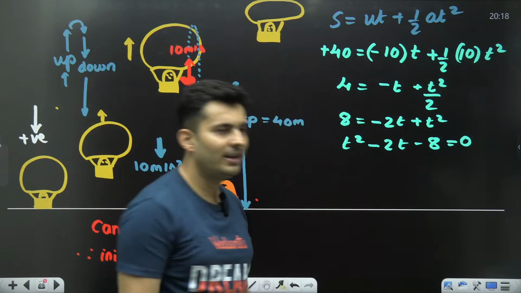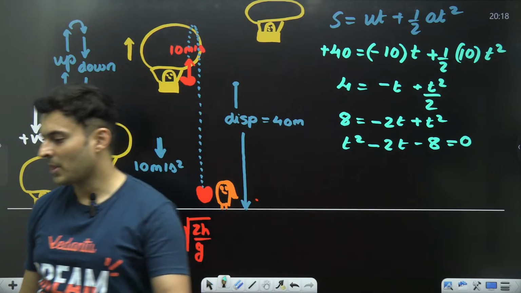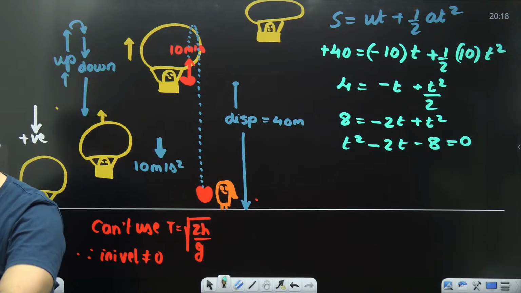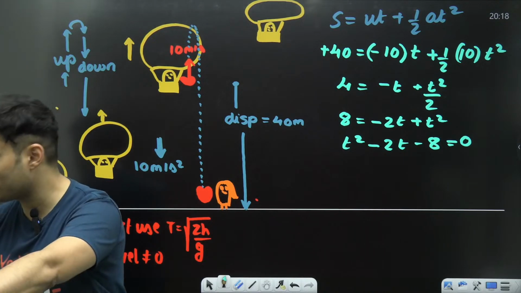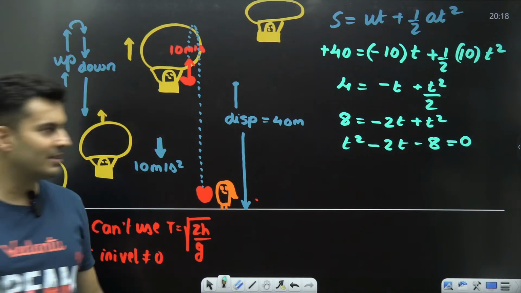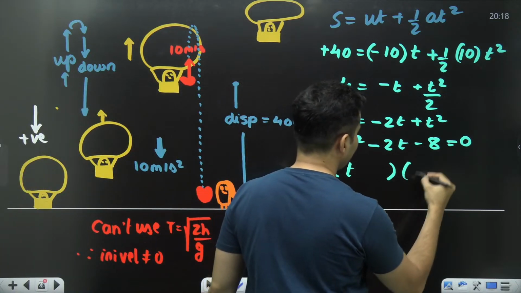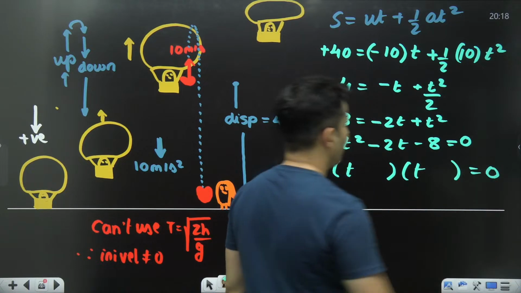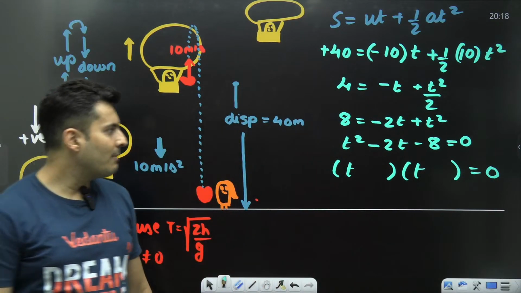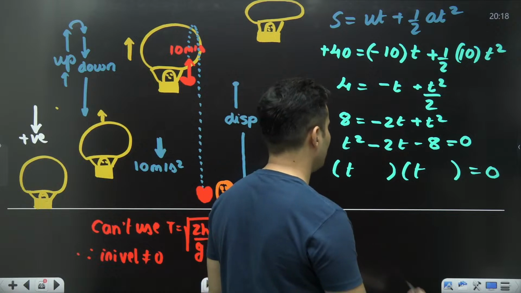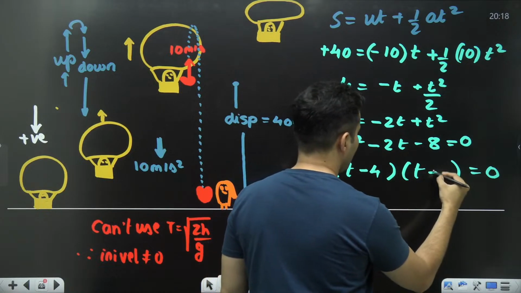This is a beautiful quadratic equation. What does the quadratic equation have? Roots. So what are the roots of this equation? Come on. There are two values, t minus 4, t plus 2.